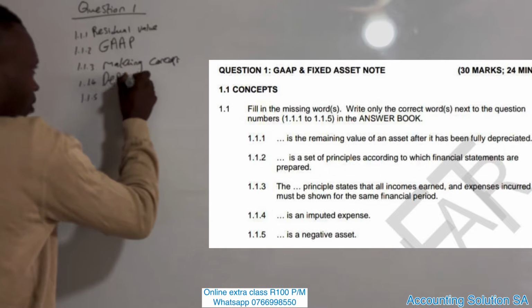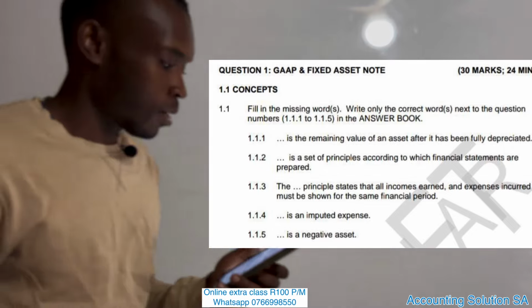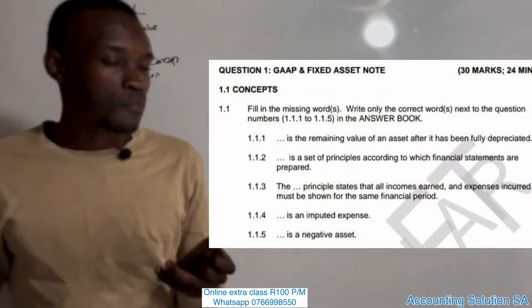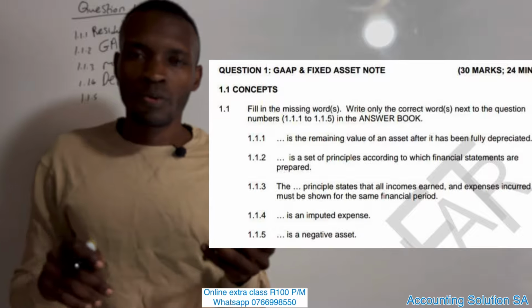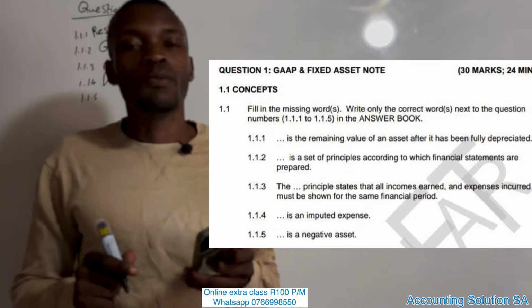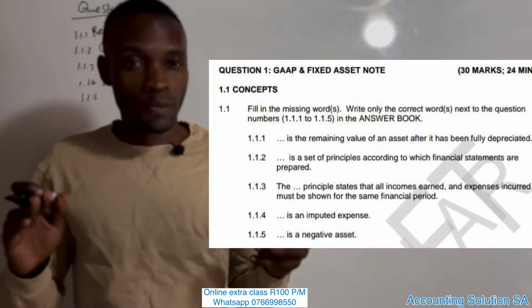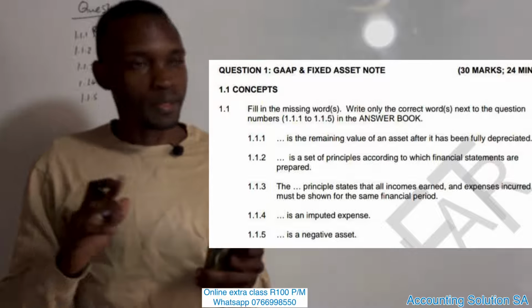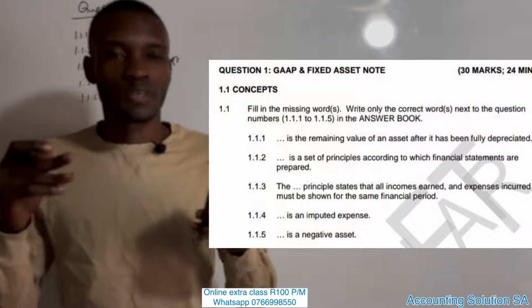Guys, remember, this is question 1, which contains GAAP and fixed assets notes, which means that the words we have to think about must be from fixed assets and GAAP principles. Once you write something that is related to partnership on question 1, something is wrong, which means that you were not ready for the test.